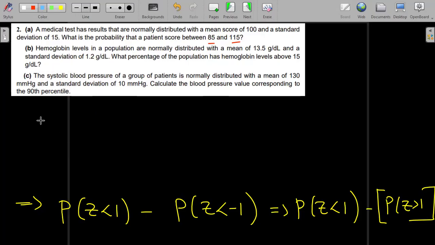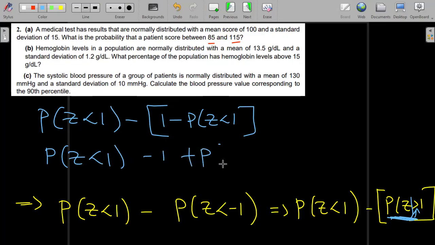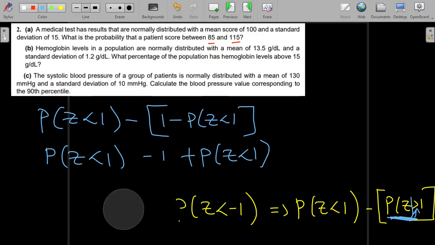We want to convert this greater than to a less than, so it's 1 minus the probability that z is less than 1. This will be the probability that z is less than 1, minus 1, plus the probability that z is less than 1.